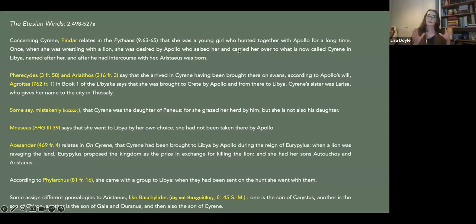So what the commentators are doing here, and this kind of note is really quite typical of what you get in the Apollonius-scholia in general, it speaks to the encyclopedic function of this material, because the commentators here are presenting all the authors you can read on Cyrene.